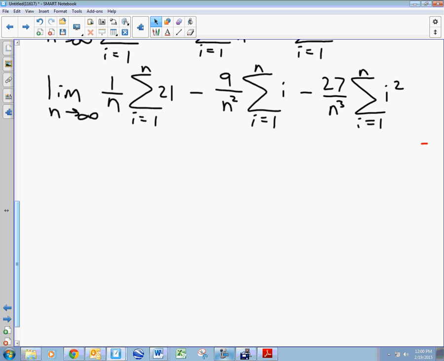Yep, time to substitute your sums. All right. So, for example, if we add up the number 21 n times, what does it add up to? 21n.